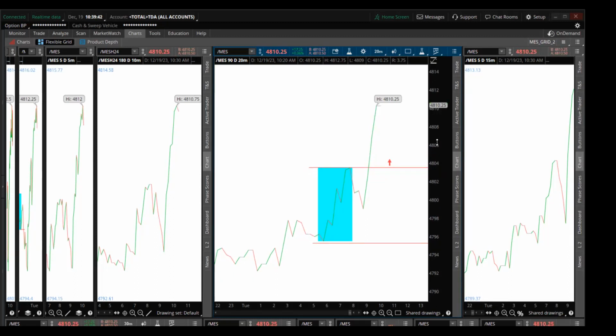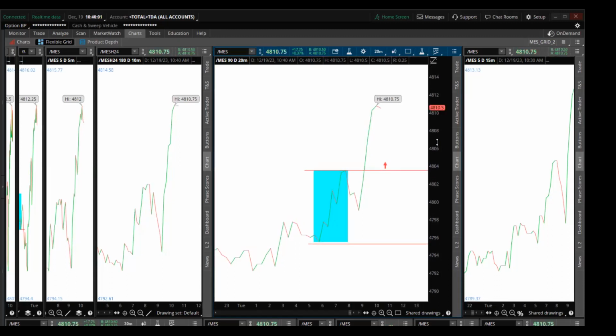Now, I want to give you an introduction and overall view of what I'm doing here with my Fractal Swing System, and I want to know after I'm done if you kind of get it.